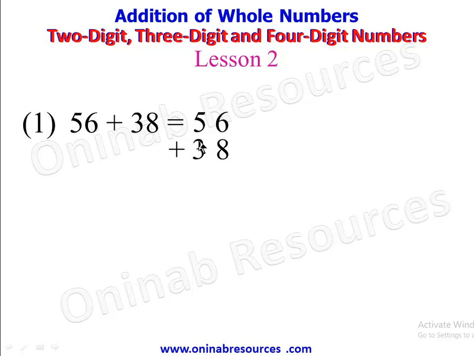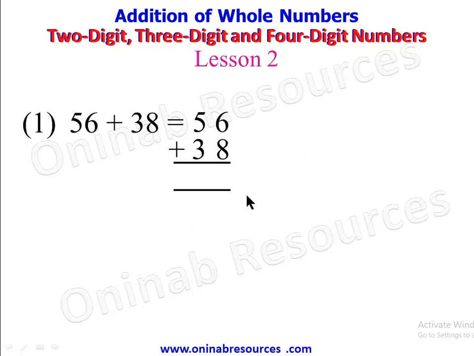This is the unit digit and this is the tens digit. So the arrangement is based on their place value. So the unit digits under the unit digit, the tens digits under the tens digit, and where we have the 100 digits, it will be under the 100 digits.